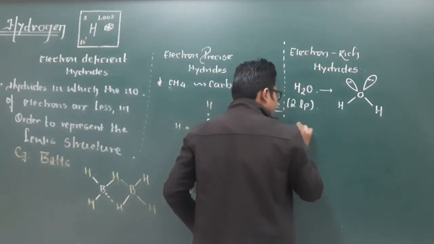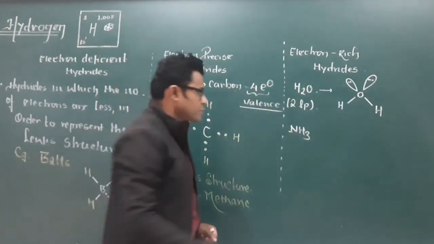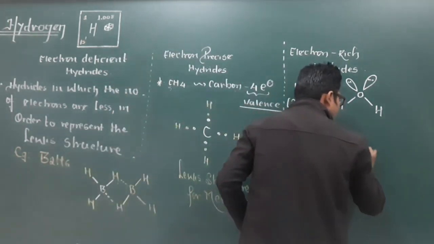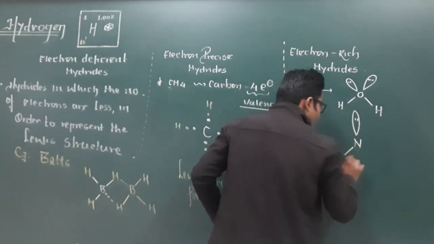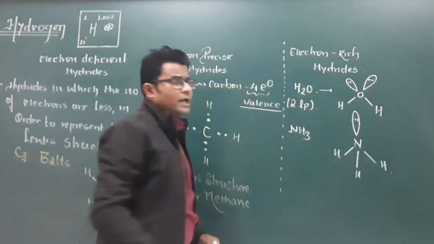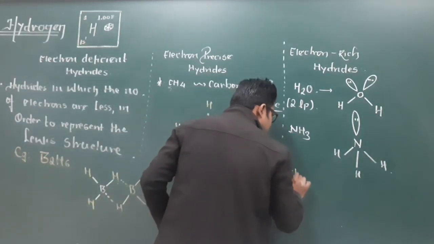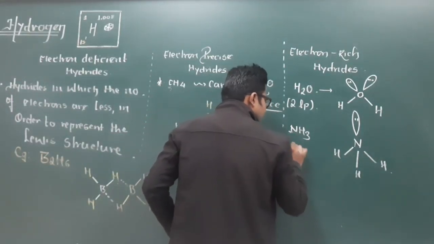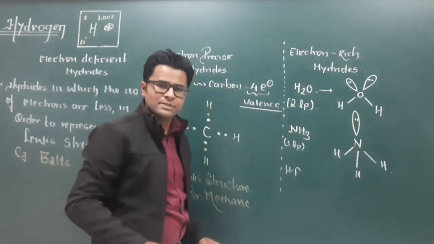Similar is the case if I take ammonia. When we take ammonia into consideration, nitrogen has 1 lone pair of electrons and 3 bonds to the hydrogens.